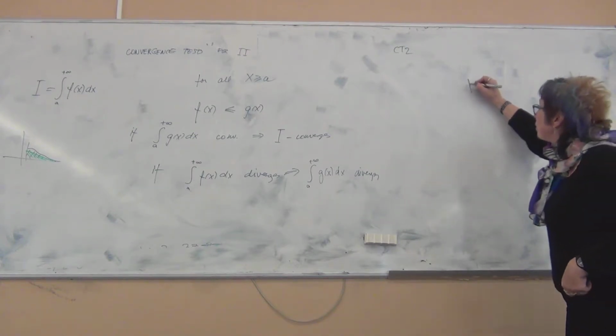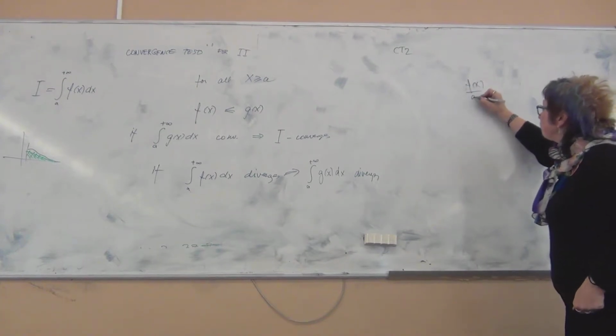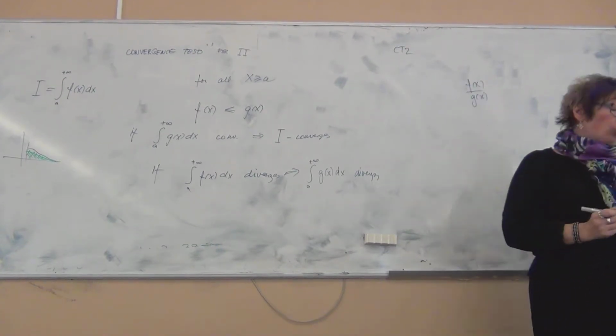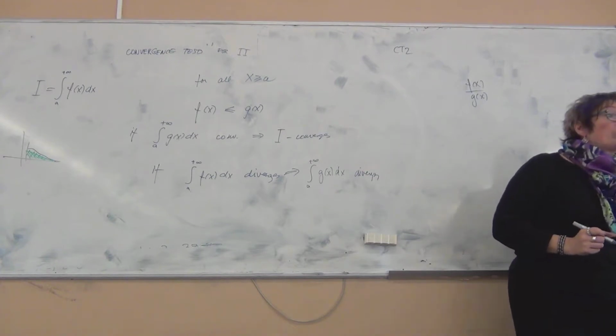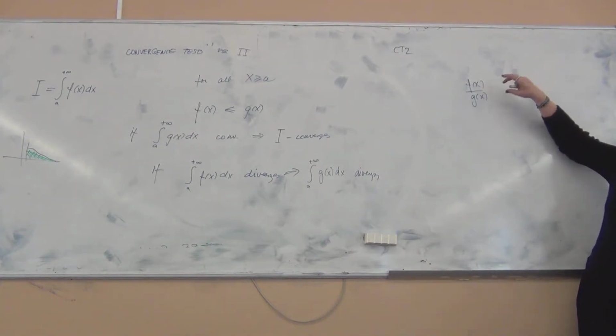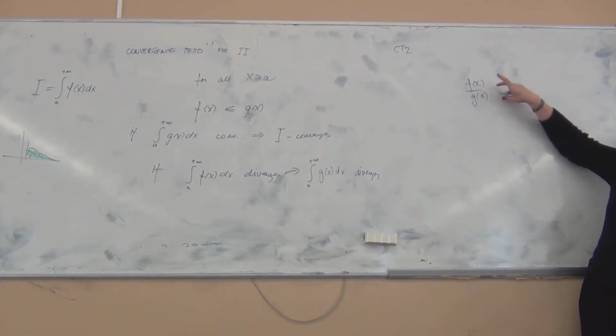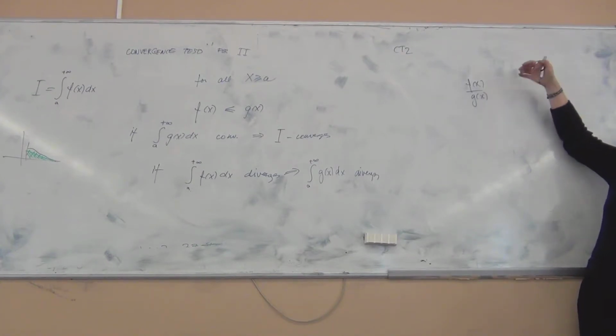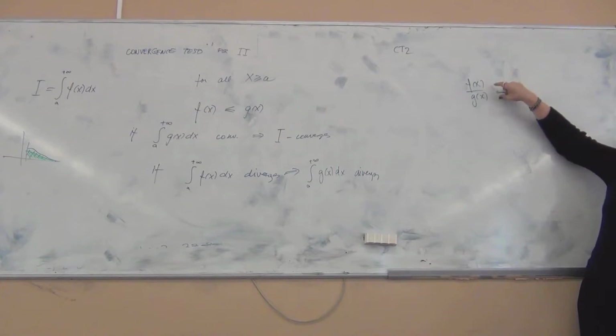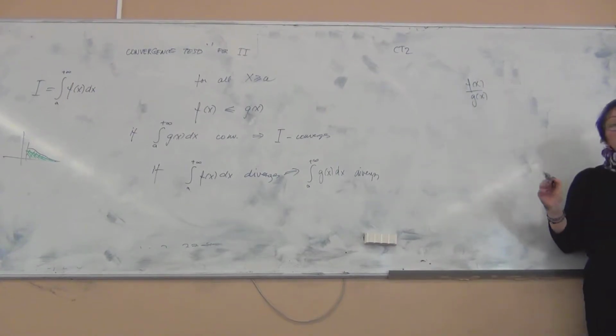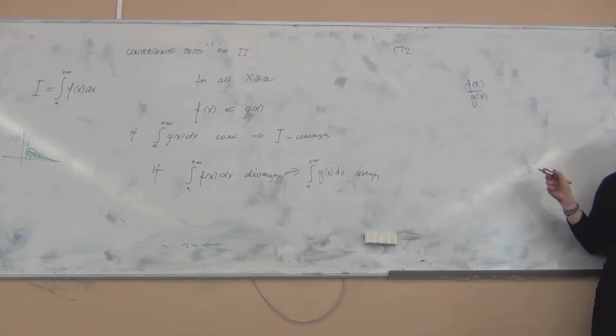If this ratio is a finite number, some number, 2 or 3 or 4, then we must understand that these two functions are pretty similar. One function is simply 3 times greater than the other one, for example.